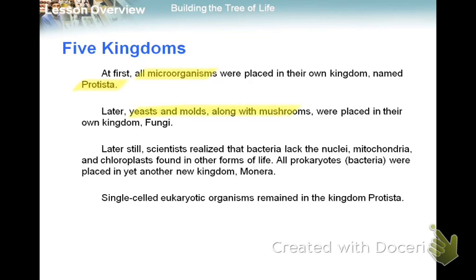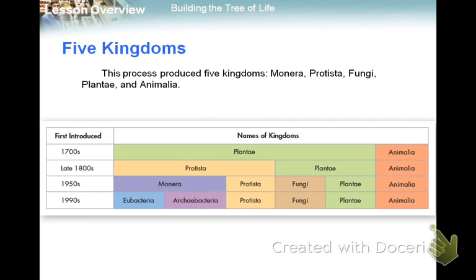Yeast, molds, and mushrooms were put in their own kingdom called fungi. And then when scientists discovered that there were some microorganisms that lacked nuclei, mitochondria, and chloroplasts, all those organelles, prokaryotes were put into a new kingdom, Monera. Single-celled eukaryotes remained in the Protista kingdom.